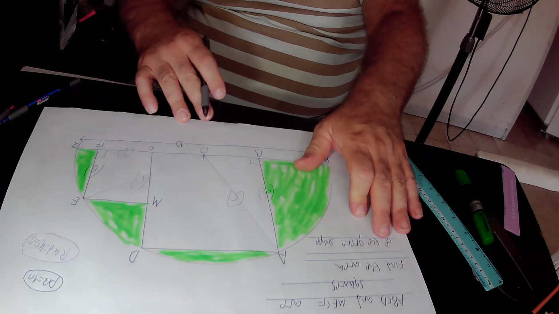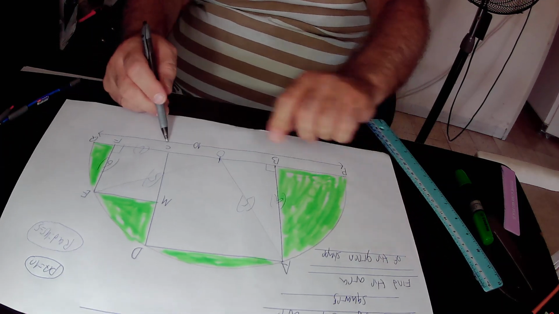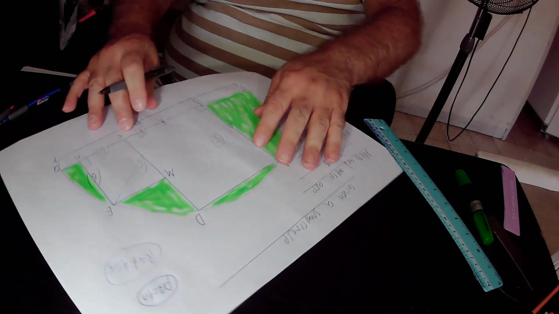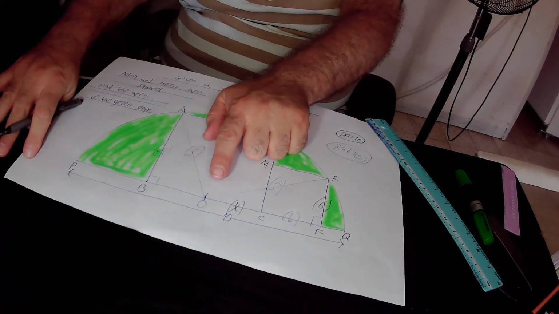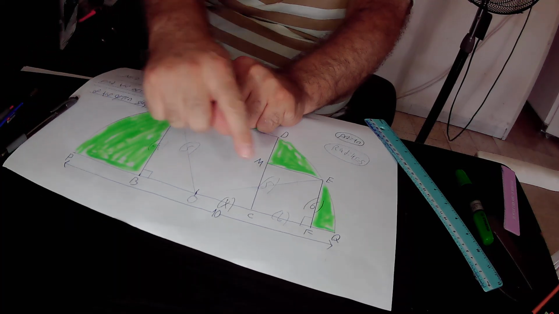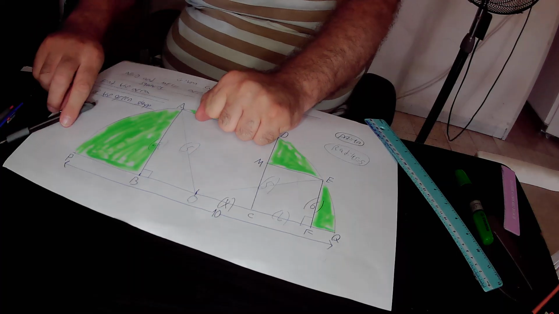We define the length of the short line segment OC as X. So what is the length of the missing line segment BO? From the drawing it is very easy to see that BO equals BC minus OC. So write it down.